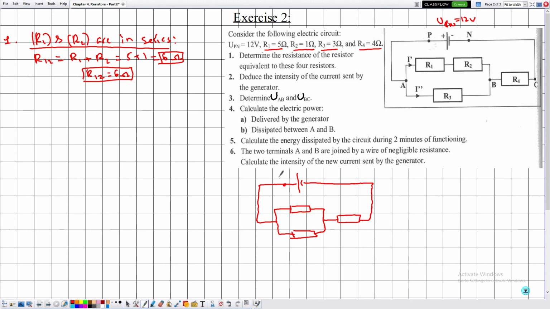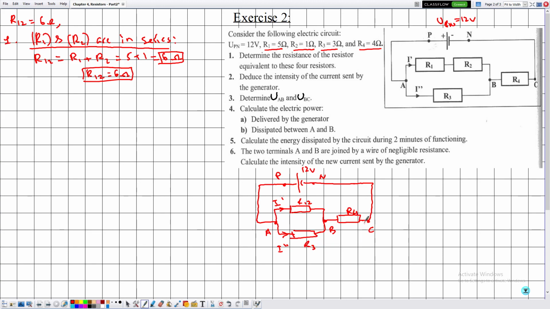This is the point P. This is A, I prime, and I double prime. So this is B, this is C, and here let me write that R12 is equal to 6 ohms. This is R12, this is 12 volts, this is the point N, this is R4, and this is R3.